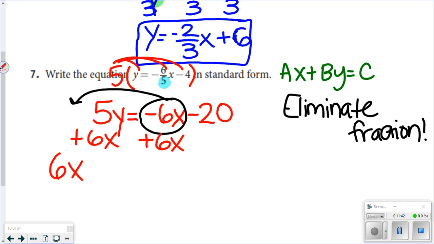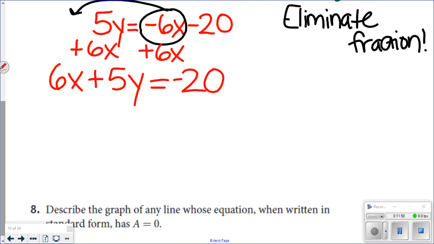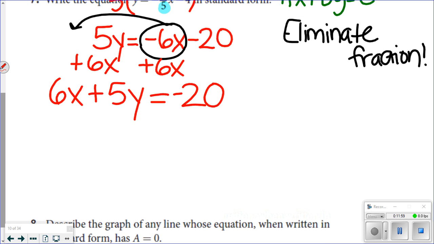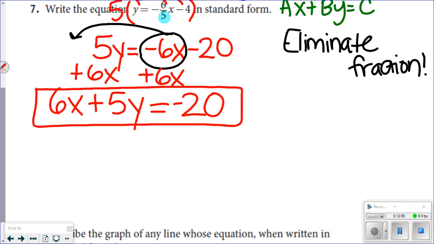So 6x plus 5y equals -20. Now, do we have any fractions? Nope, so we're good. Is A, which is 6, positive? Yes, so we're good. A here is 6, B is 5, C is -20.